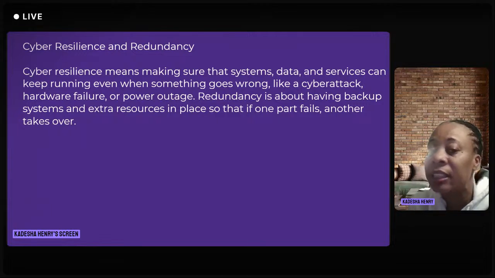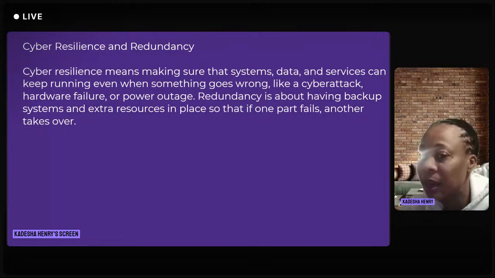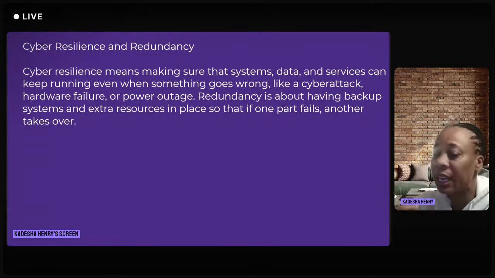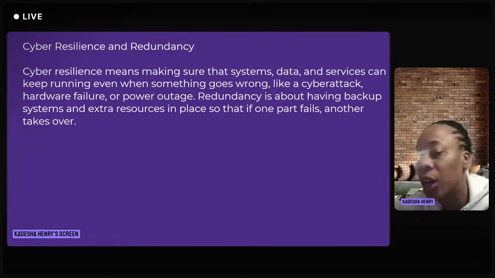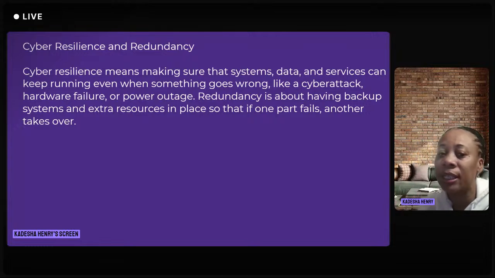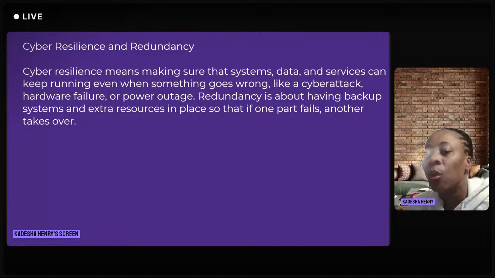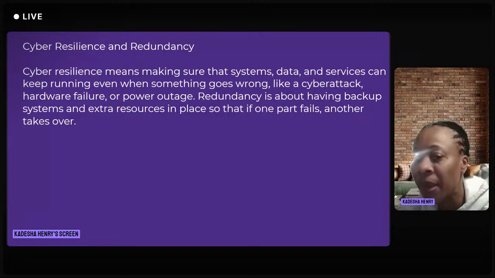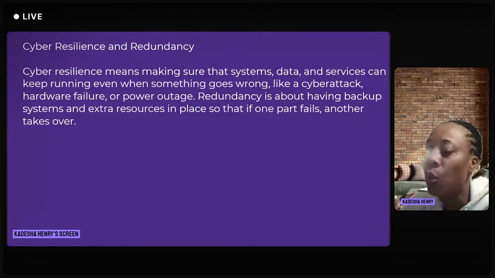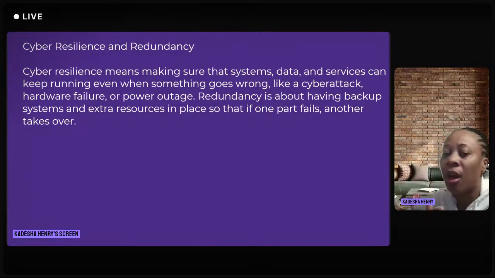So remember again, resilience is making sure that the system, data, and service can keep running when something goes wrong, like a cyber attack, a hardware failure or a power outage. While redundancy is about having backup systems and extra resources in place so that if one part fails, another takes over.